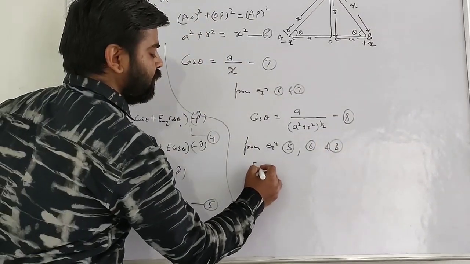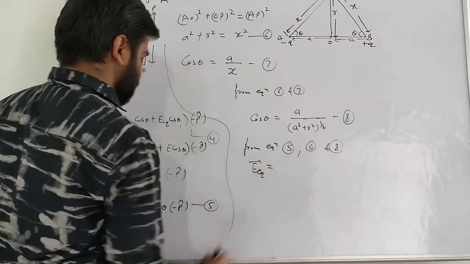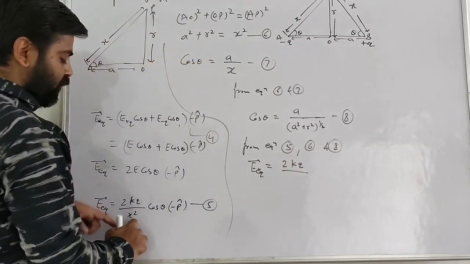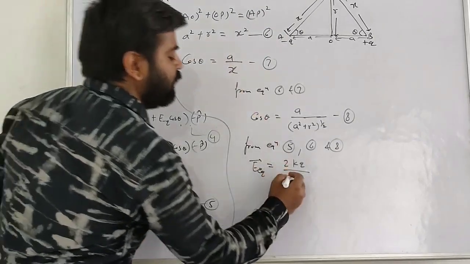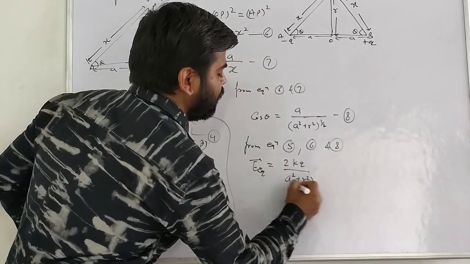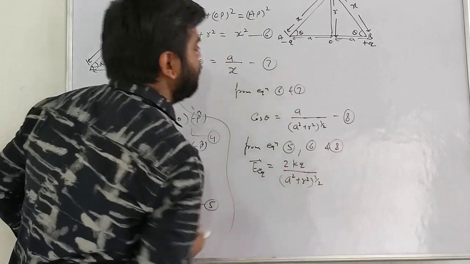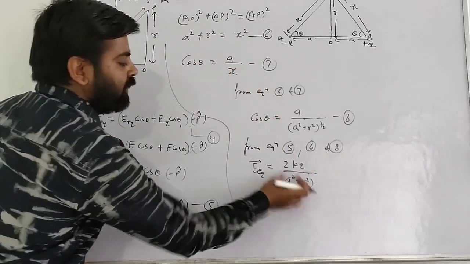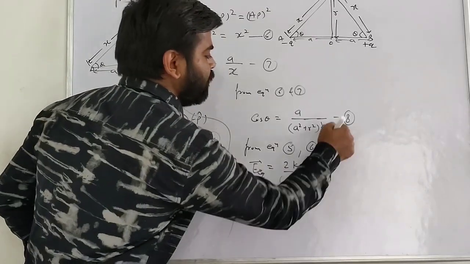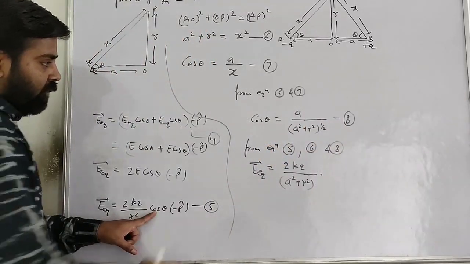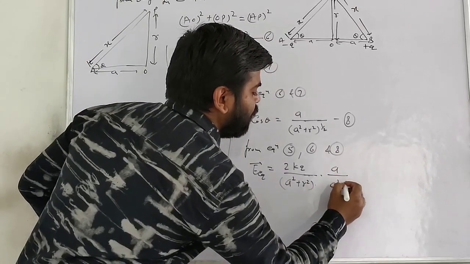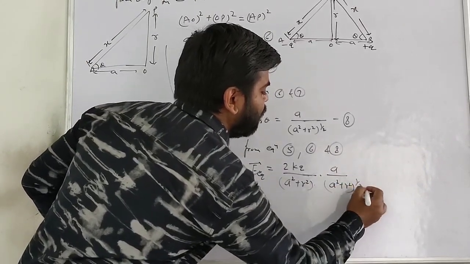E equatorial is equal to 2kq upon x square. What is the value of x square? The value of x square is equal to a square plus r square, and the value of cos theta is a upon a square plus r square power half.